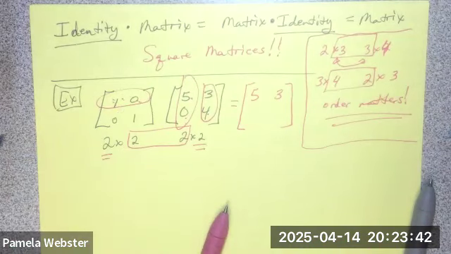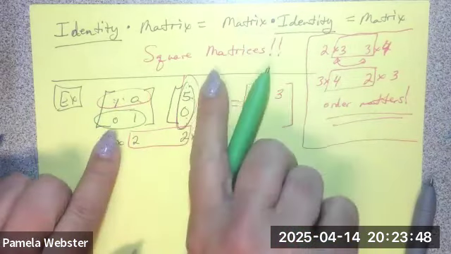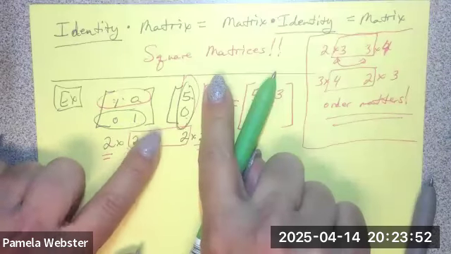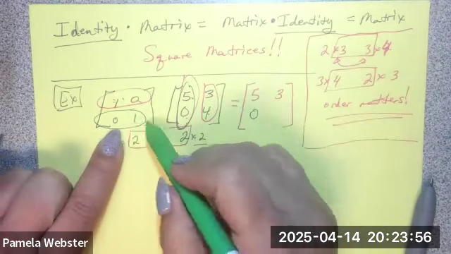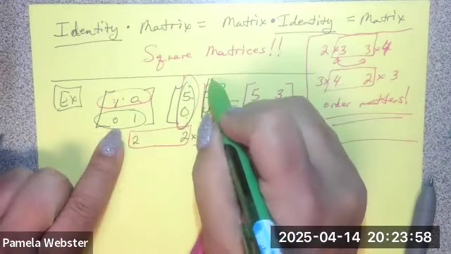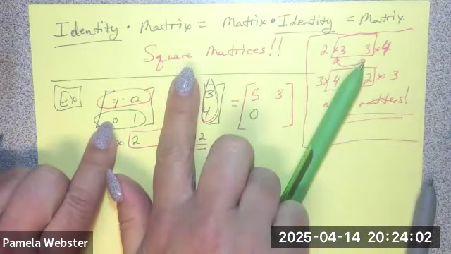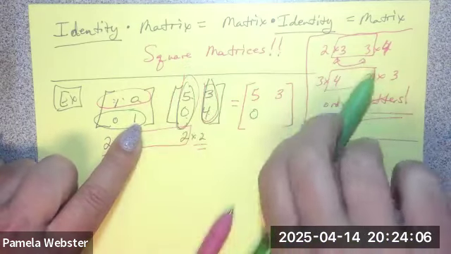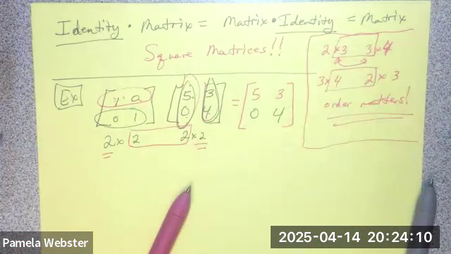How about second row, first column, these guys. 0 times 5 is 0, plus 1 times 0 is 0. I think that's a 0. Second row, second column. Cover up the one that we don't want anymore. 0 times 3 is 0, plus 1 times 4 is 4. 0 plus 4 is 4.